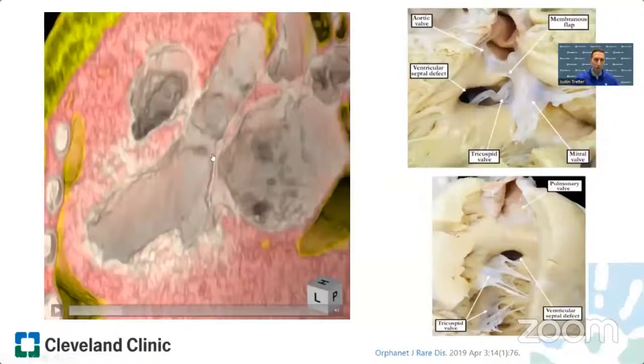Here is the infraseptal recess, which is a fibrous structure leading into the right fibrous trigone related to the mitral valve. So fibrous continuity between the tricuspid to mitral valve, while no fibrous continuity between the aortic to tricuspid valve.